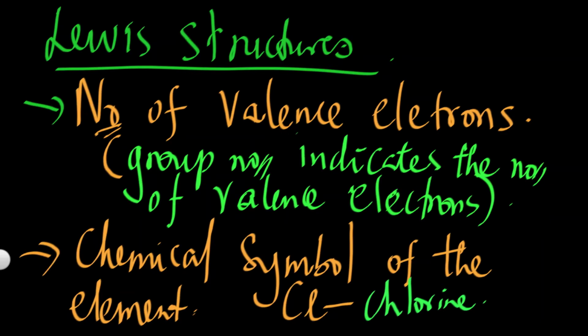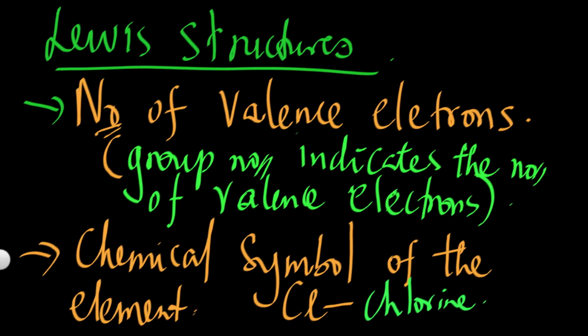You should know the symbols of all the elements on the periodic table. That is what you need when you're drawing a Lewis diagram. You need to know the number of valence electrons, and you need to know the chemical symbol. Once you know these two, you can draw the Lewis structures.